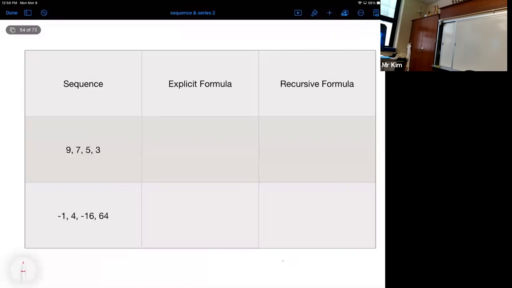Just have a habit of writing the first one first, and then the explicit formula. Recursive means I need you to tell me what the first term is.